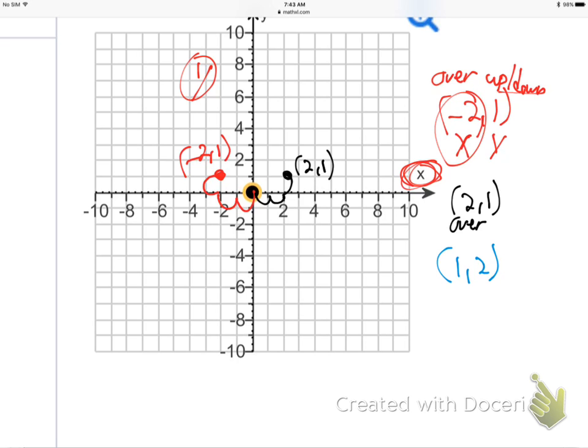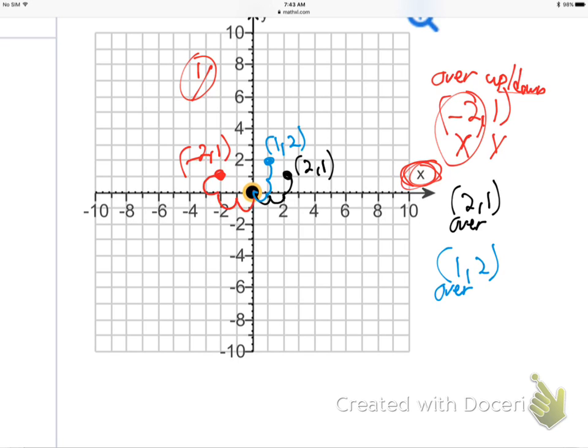First number's over. So over 1, up 2, right there. Over 1, up 2.